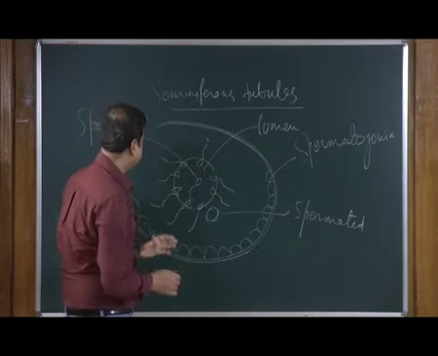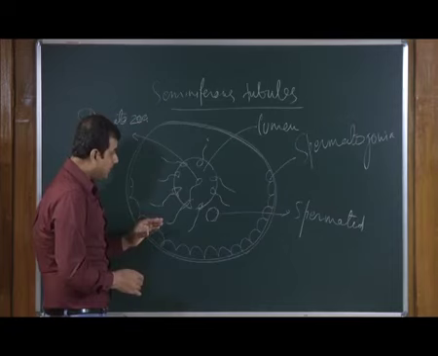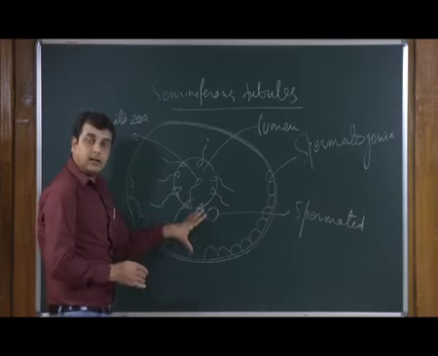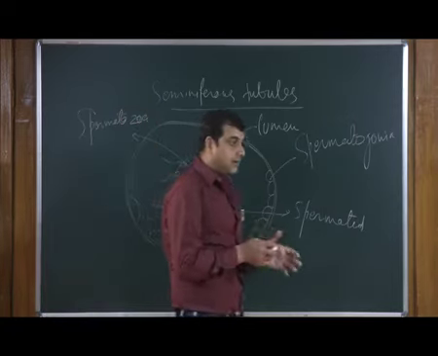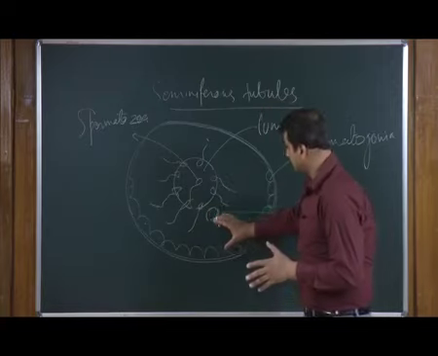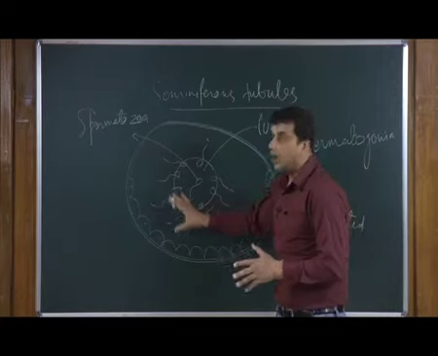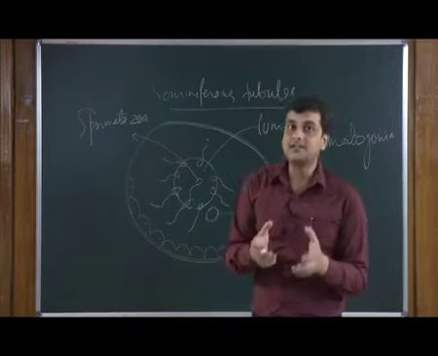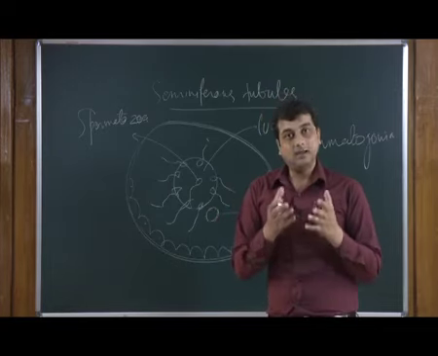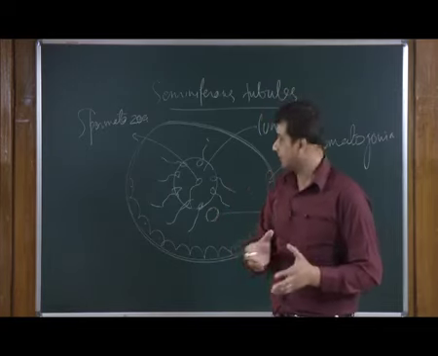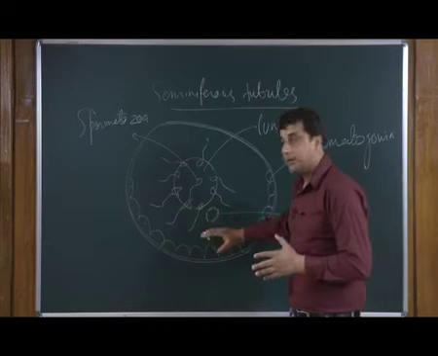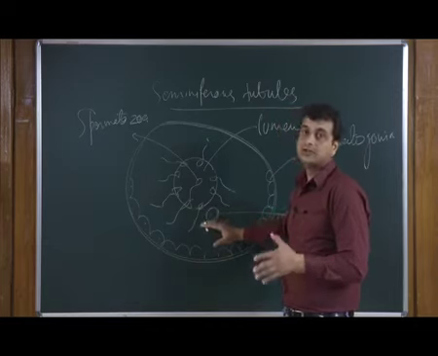other external ductal systems. Now, in order to mature the sperm in this environment, they need constant nourishment. Nutrient supply is a very important aspect in order to grow the spermatid or spermatozoal cells here.